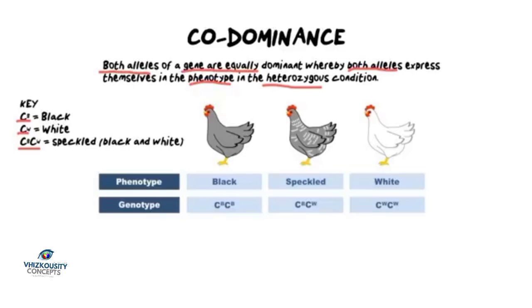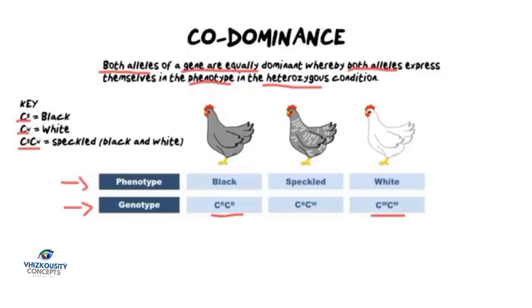And so if we look at our phenotype options in our chickens here, we've got black, speckled, and white. Speckled is just another way to say spotted. And if we look at their genotypes, that reflects their codominance. So if we have two letter C's with the capital B's attached to them, we will get a black chicken. If we have two capital C's with the W's attached to them, we'll have a white chicken.